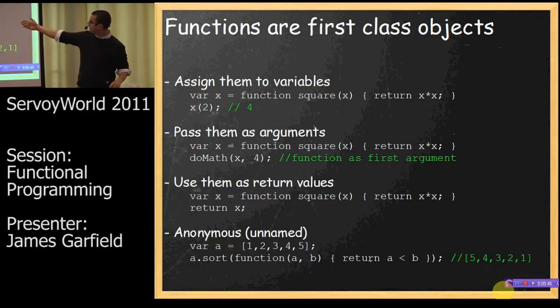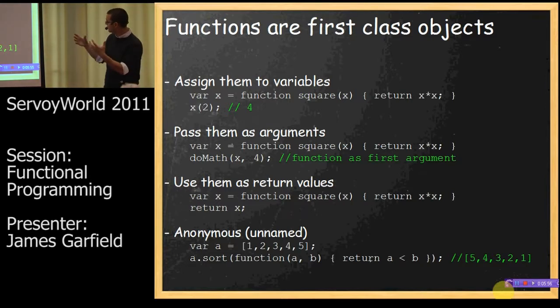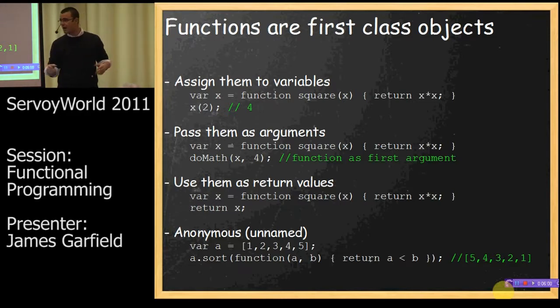So if you sorted the array 1, 2, 3, 4, 5, with this function, it would reverse it. It would now give you 5, 4, 3, 2, 1. And so the sort function took a function as a parameter, but it didn't need a name.